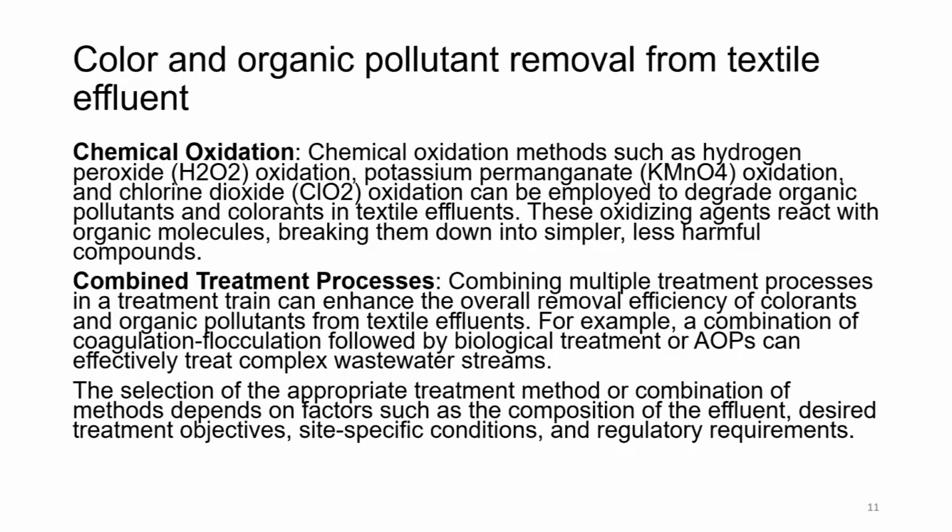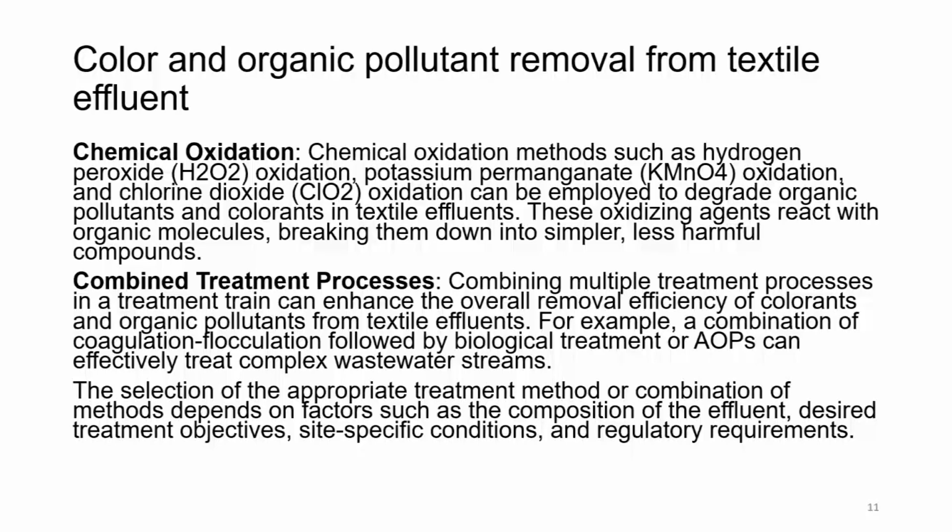These oxidizing agents react with organic molecules, breaking them down into simpler, less harmful compounds. So, earlier we had studied about ozone, we had studied about hydrogen peroxide, but we had not studied about KMnO4. And so, this is a new learning that chemical oxidation can also be carried out by powerful oxidizing agent KMnO4.